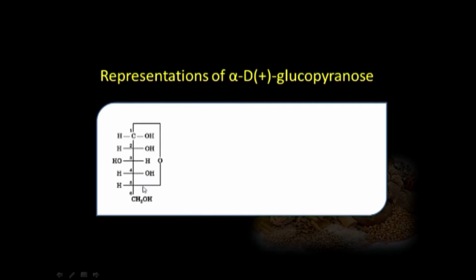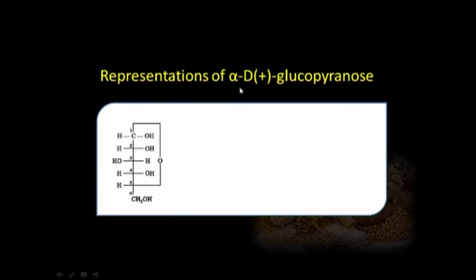In a 6 membered ring structure, this hydroxyl at the 5th carbon is involved, and in the configuration of D plus glucose, this hydroxyl is on the right side. So we draw this ring from the right side, and if this hydroxyl is on the right side, this becomes alpha, this belongs to the D series, and it is a dextrorotatory compound.